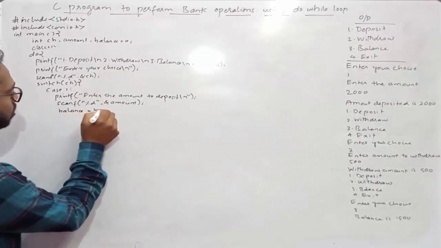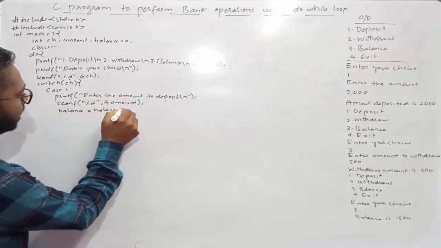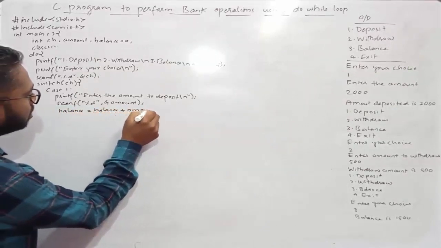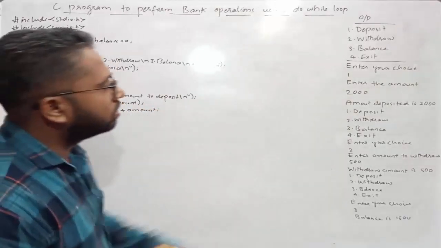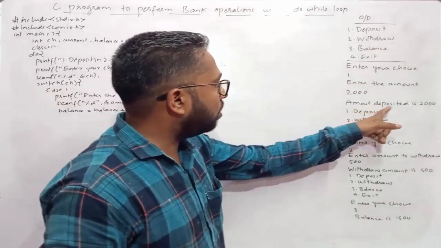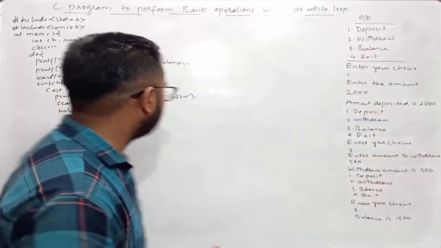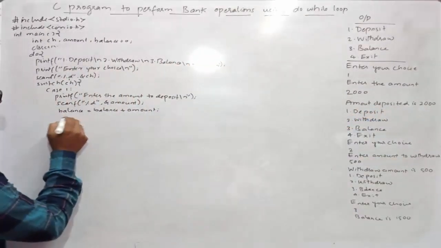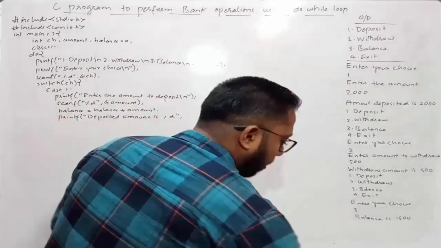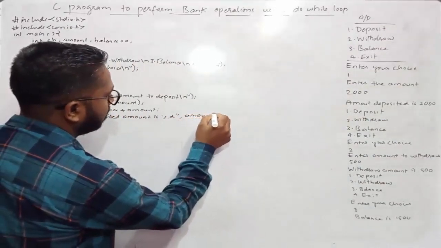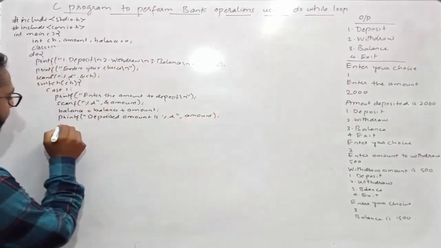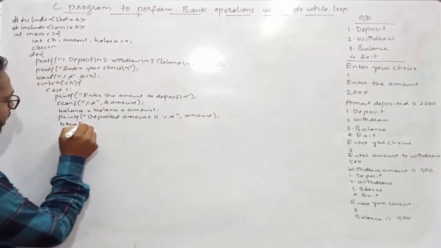Balance equals balance plus amount. Next I need to display this message, amount deposited is 2000. Printf amount, and then break at the end.